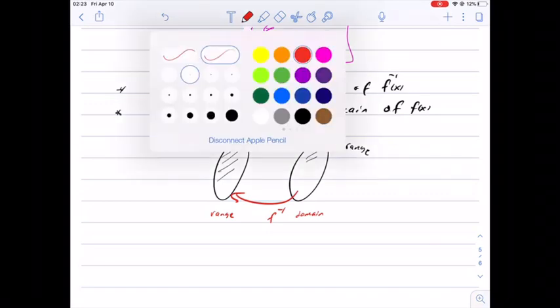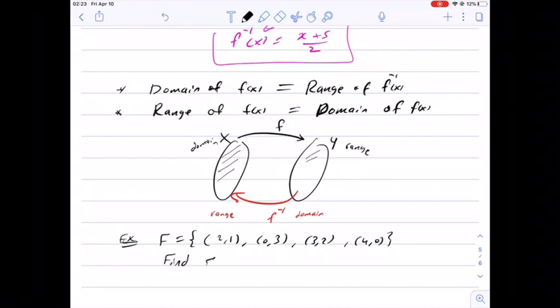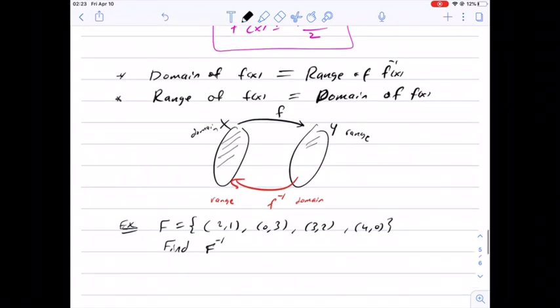Okay. Now let's take another example on the inverse of a function. If the relation f is given by (2, 1), (0, 3), (3, 2), (4, 0), we want to find f inverse.